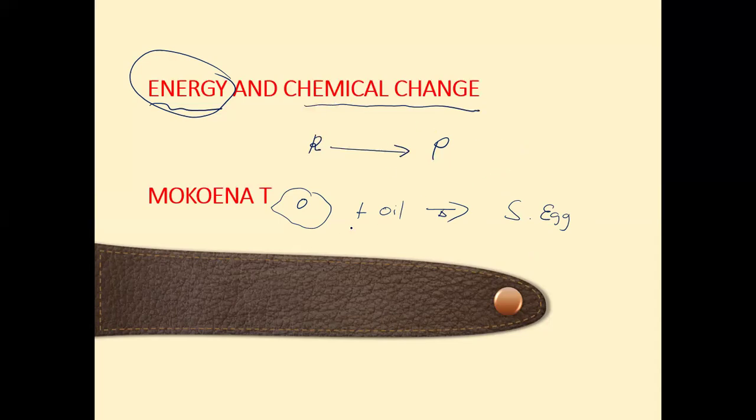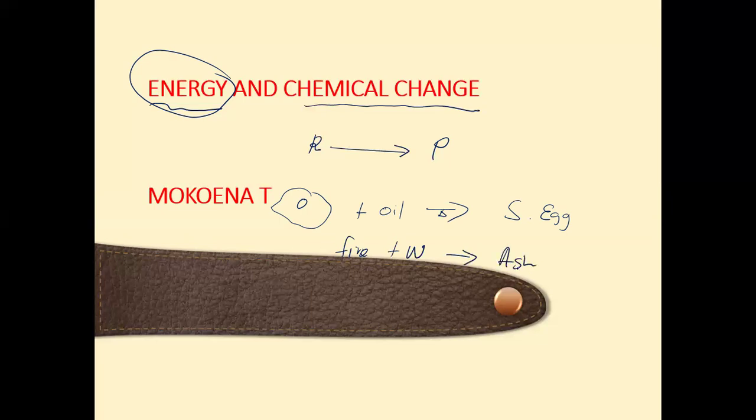And by the way, the properties of the reactants will no longer be the same as the properties of the products. The example that will make sense is this one: we have the fire, the matchsticks, the wood, and then what do we have as a product? Ash.